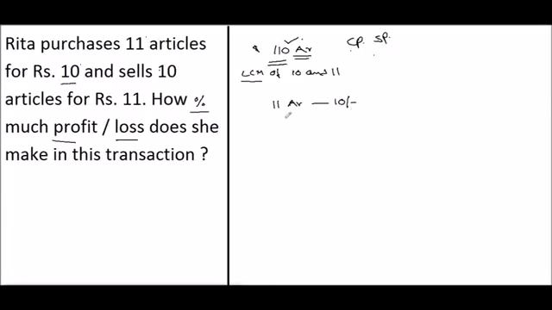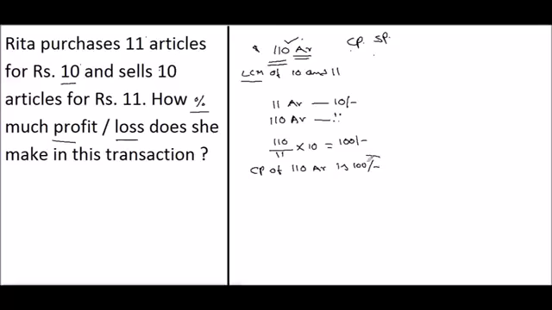Here also I am using the unitary method. 11 articles for 10 rupees, then 110 articles for how many rupees? Now cost price of 110 articles is 110 by 11 into 10. Obviously that is 100 rupees. The cost price of 110 articles is 100 rupees.